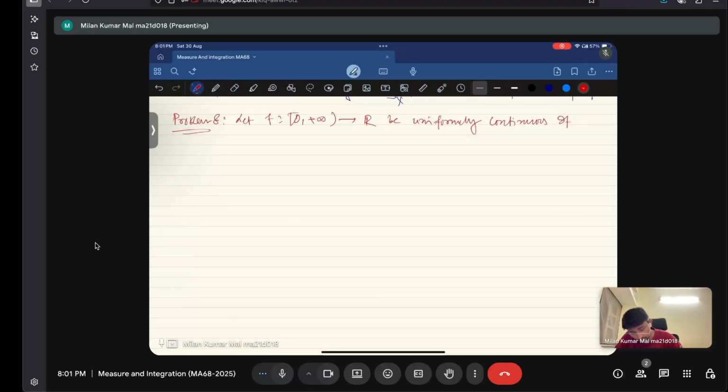If f is integrable, then limit x tends to plus infinity f of x is equal to 0.